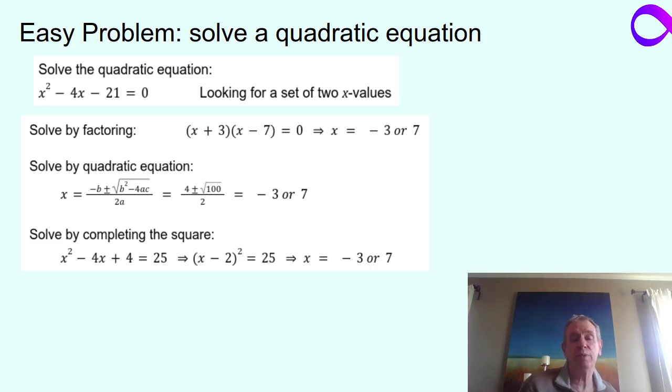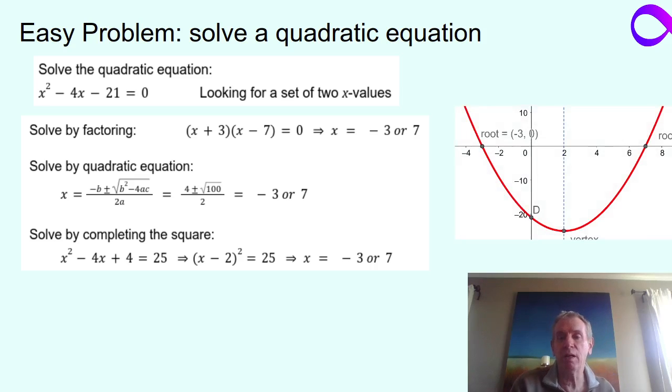You could solve by completing the square. You might be explicitly asked how to do that on an exam question. Or you could solve it by graphing. You could graph the parabola, the function x squared minus 4x minus 21, and then you're going to see it has roots. It crosses the x-axis at -3 and 7.